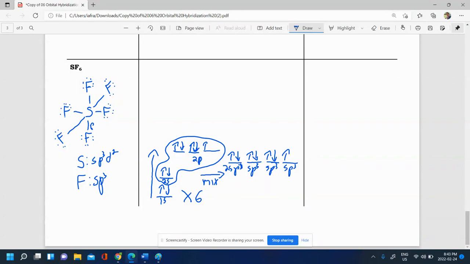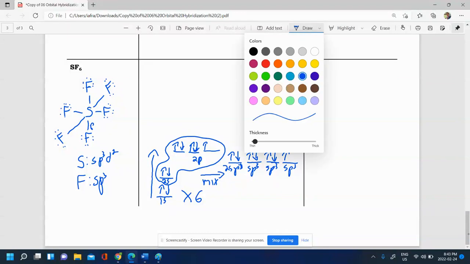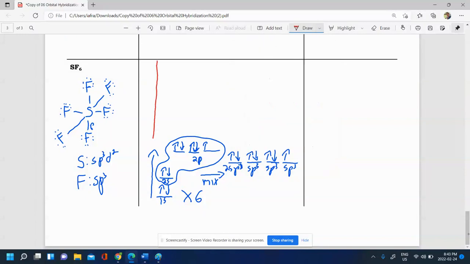So now we're going to draw the orbital level diagram for sulfur and show its hybridization that we determined to be sp3d2. So for sulfur, we have our 1s. We have our 2s over here.